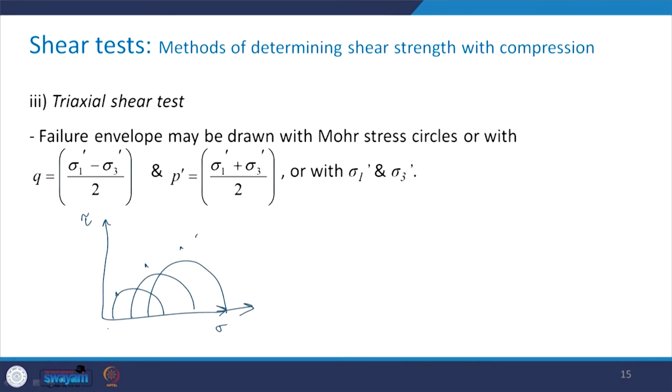So, here in this case say it is sigma 3 prime 1, this is sigma 3 prime 2, and this is sigma 3 prime 3, and then you can draw the common envelope to these 3, and this intercept is given as C, and this is going to give you the value of phi. Right? This is the usual procedure by which you will be able to find it.